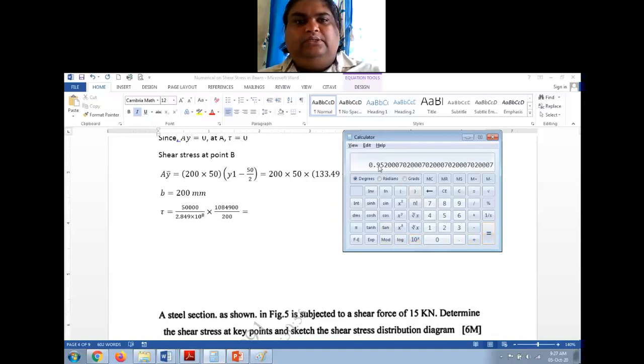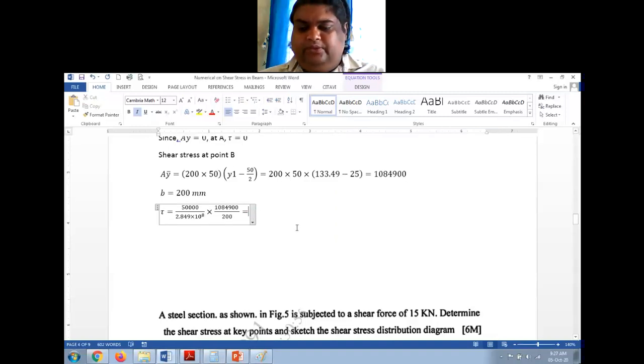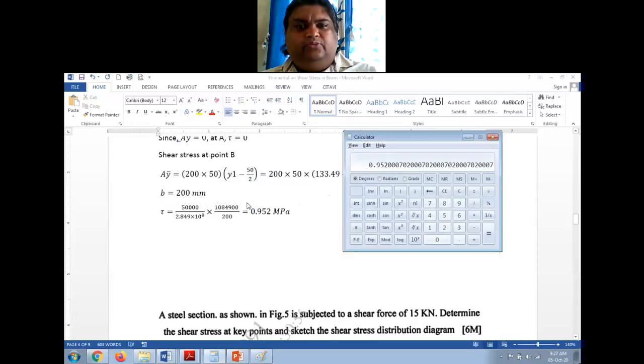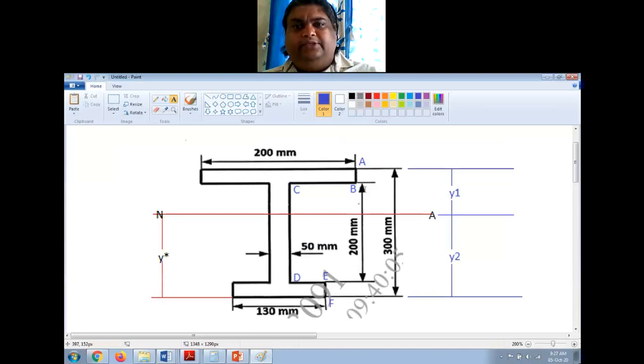So the shear stress at this point is 0.952 megapascal. Got this? Now let us move to the next point, that is C.